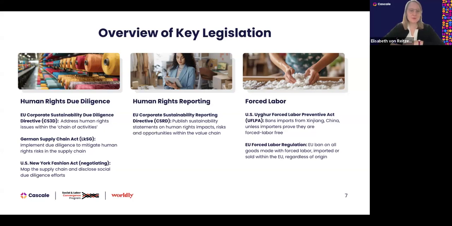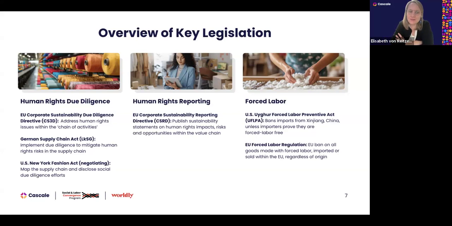So this slide provides an overview of the legislation we will be looking at today. This is the EU Corporate Sustainability Due Diligence Directive, or CSDDD for short. It's the German Supply Chain Act, or indeed Lieferketten-Sorgfaltspflichtengesetz.